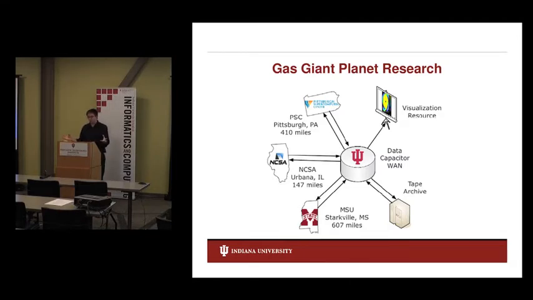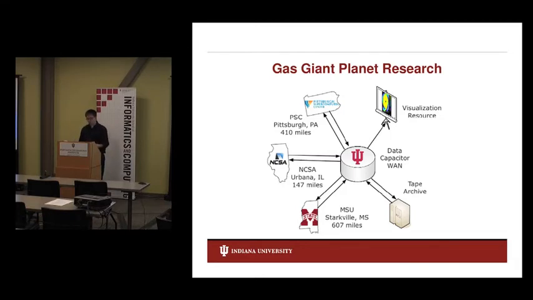Really, really powerful that he doesn't have to waste a bunch of time running simulations he doesn't need, that he can analyze it while it's going on, which is really cool. So simulations, write data back to DC WAN.